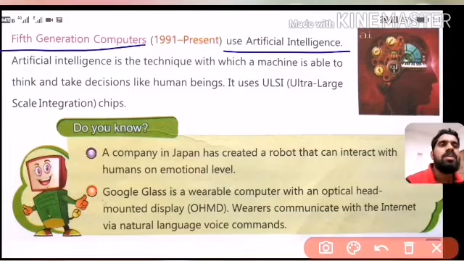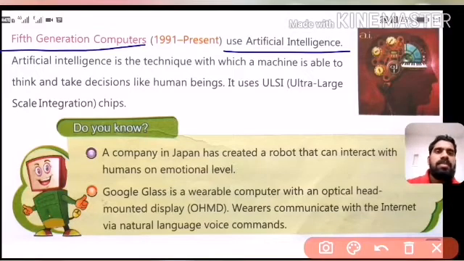It uses ULSI, ultra large scale integration chips. For example, robots. So artificial intelligence is the technique used in the fifth generation computers.